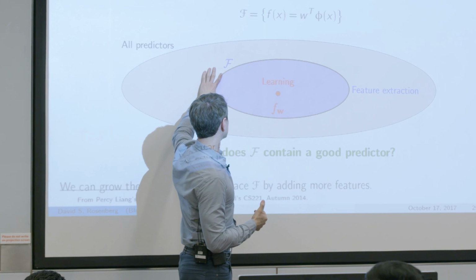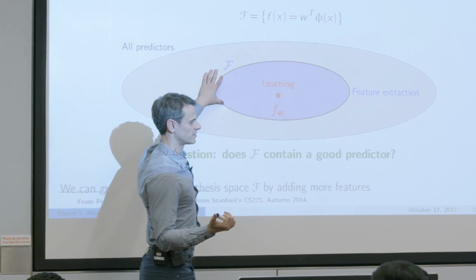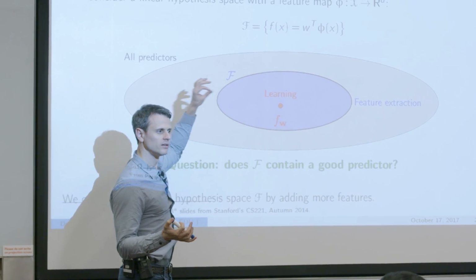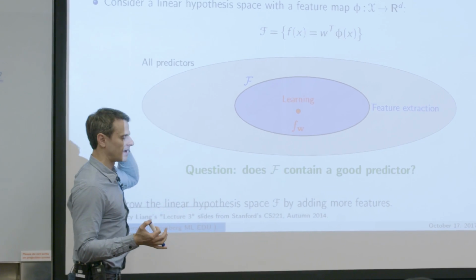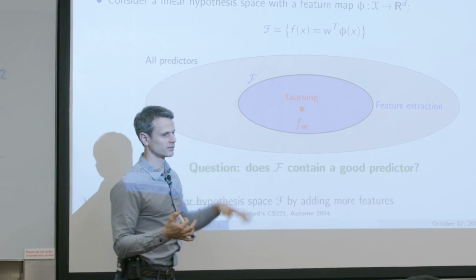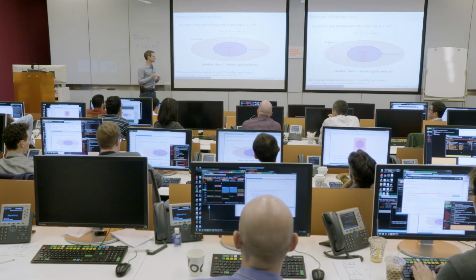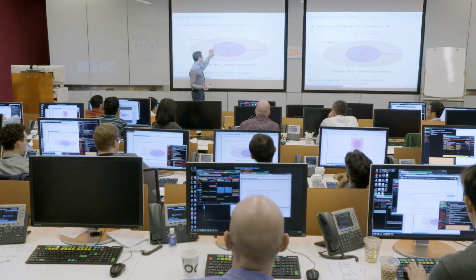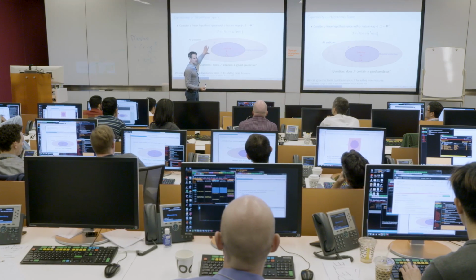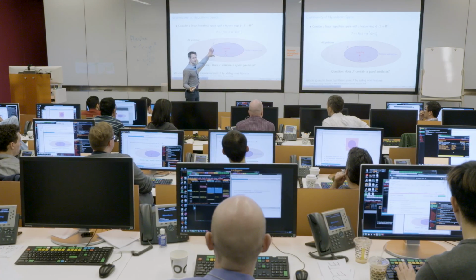So how can we make this hypothesis space more expressive, larger? This is as a function of input x, the raw input x. By adding more features, we can potentially make this space of functions of x larger.